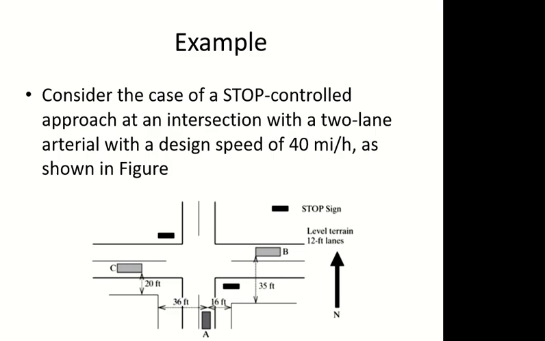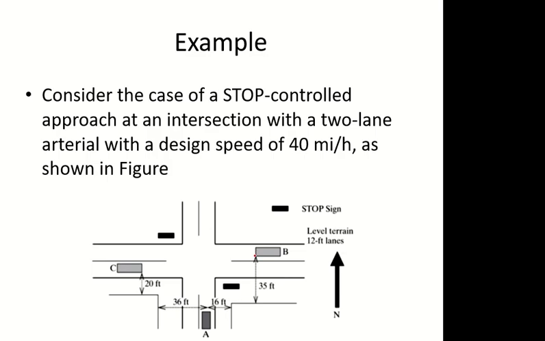Okay, so if we have a stop sign, you can see here a two-way stop sign, both sides, this side as well as this side. All the lanes are 12 feet. So you have one lane here, one lane here, and the distance to the obstruction is given on the side. We will consider that it's to the center line. It doesn't show to the center line, we'll just assume it's to the center line.